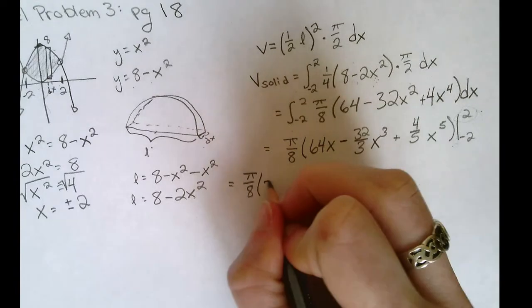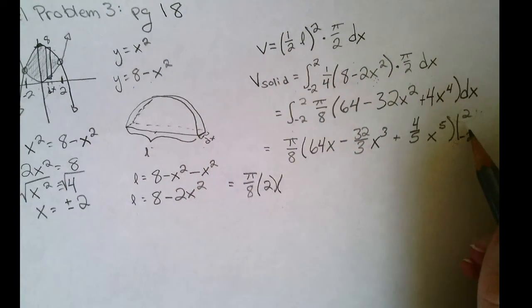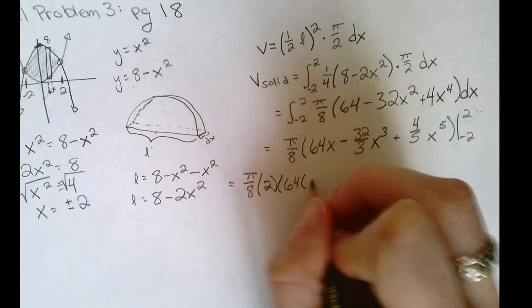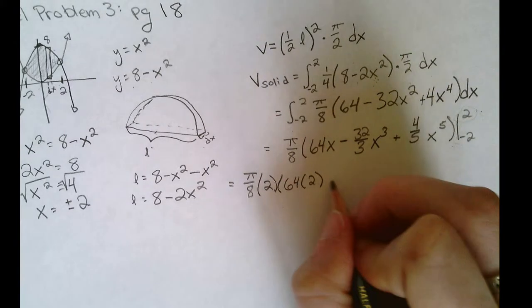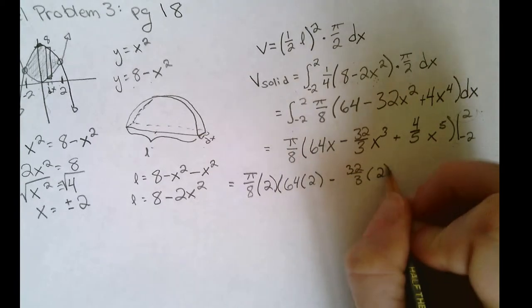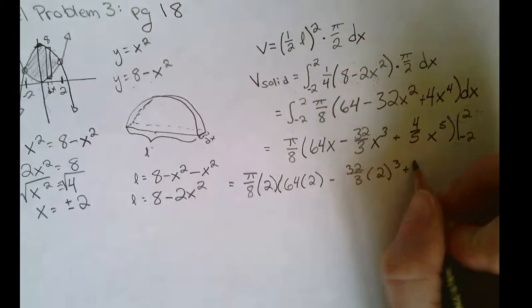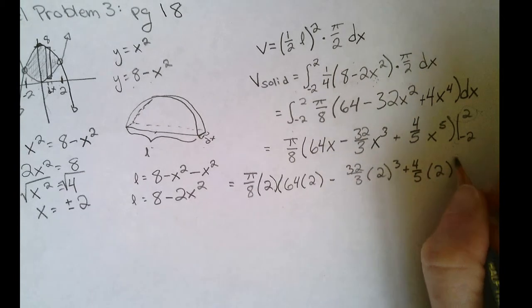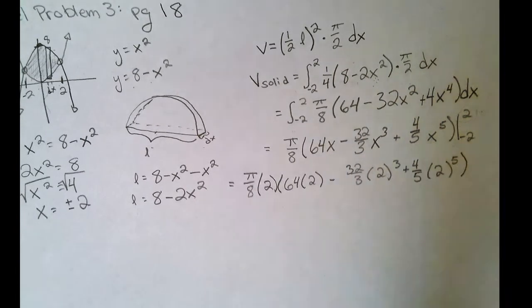So I'm just going to add a 2 in the front and plug 2 in here. So what that's going to do is make this a lot easier to simplify. We have a 64 times 2 minus a 32 thirds times a 2 cubed plus a 4 fifths 2 to the 5th, like so.